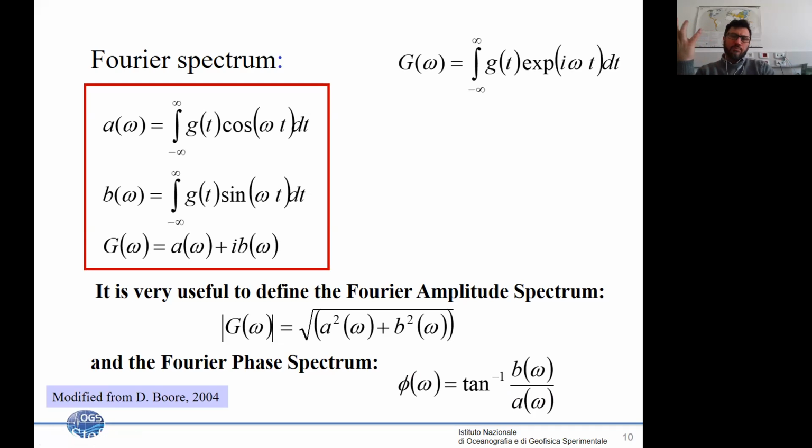So we have two important pieces of information that we obtain from the Fourier transform. We have information about how strong, how energetic is each frequency in the signal, and information about the phase. So if we go back in the time domain, it's information about at which time this frequency is arriving in our time series.